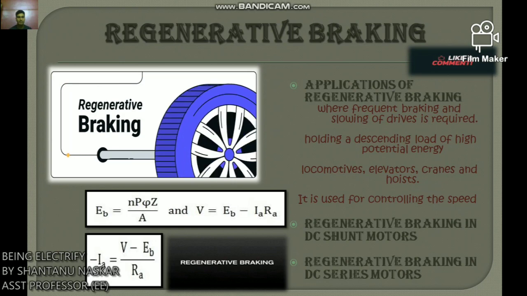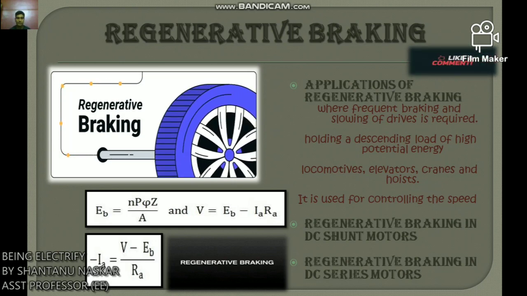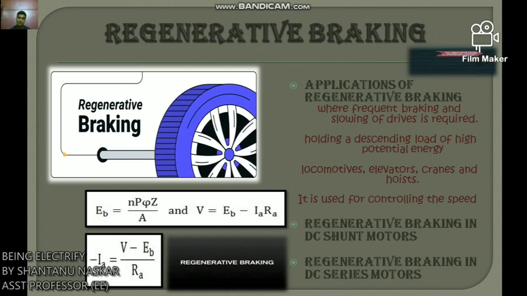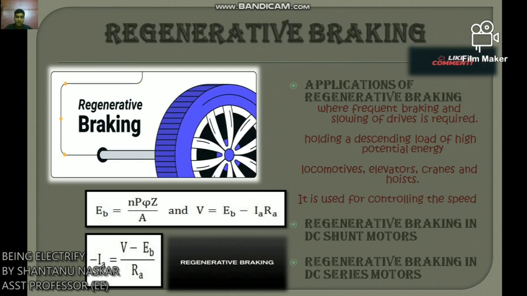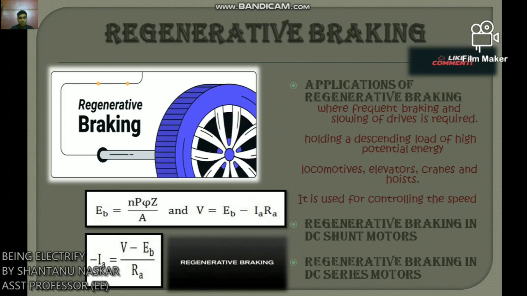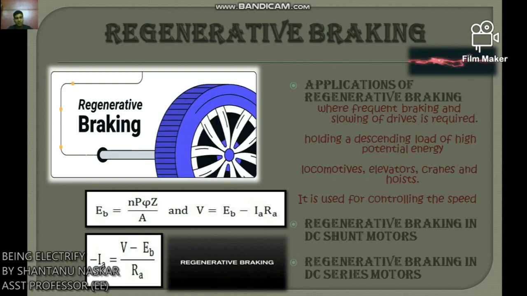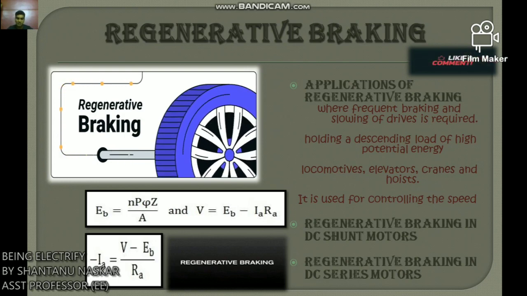In regenerative braking, the power or energy of the driven machinery, which is in kinetic form, is returned back to the power supply mains. This type of braking is possible when the driven load or machinery forces the motor to run at a speed higher than no load speed with a constant excitation.